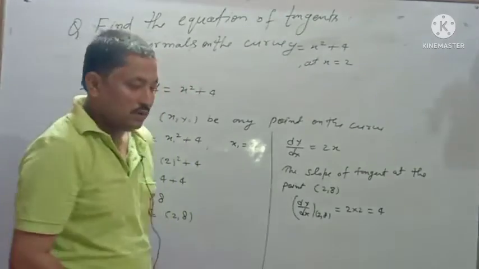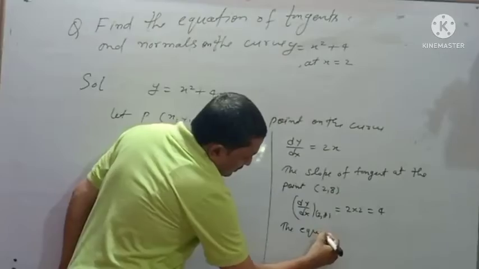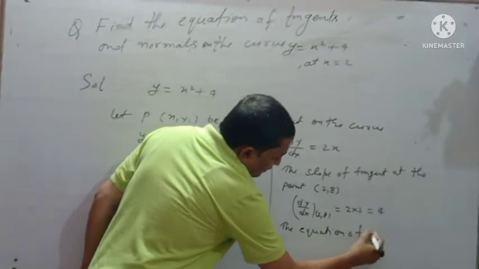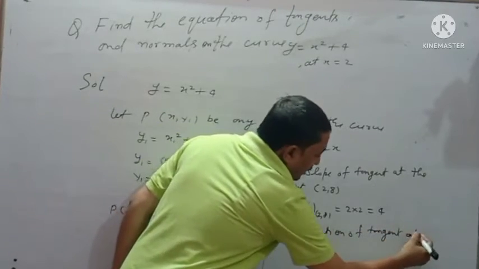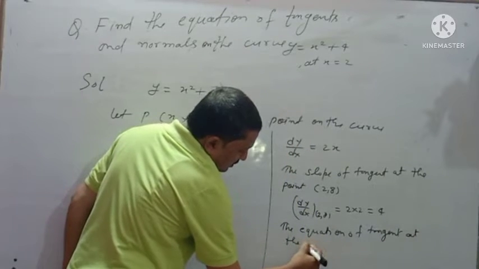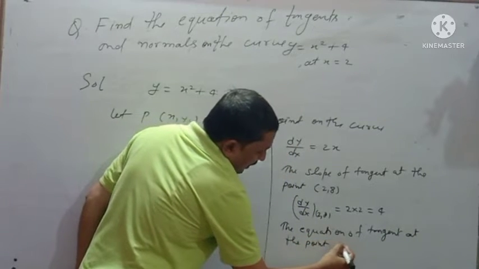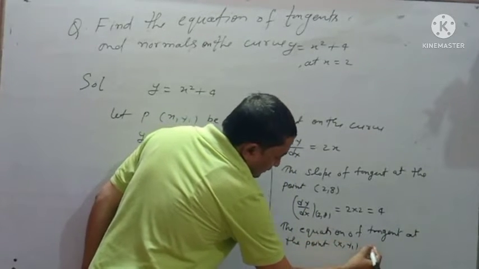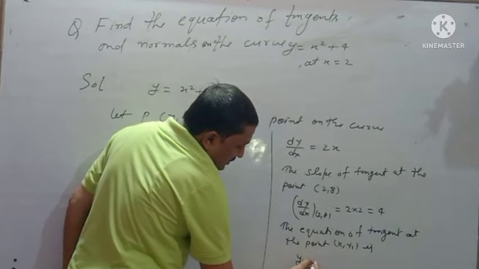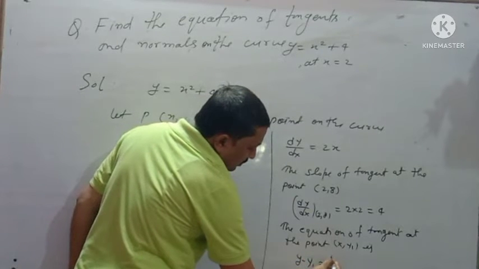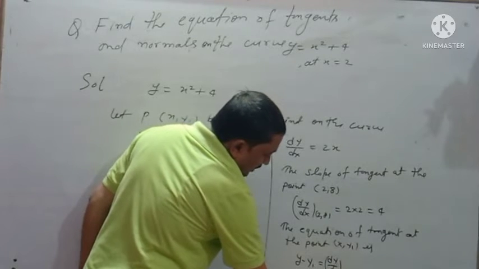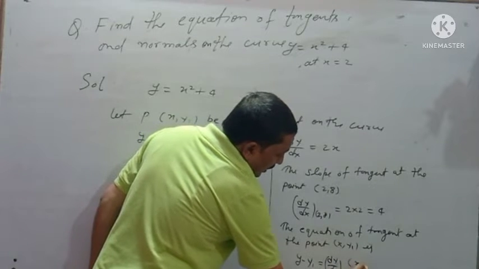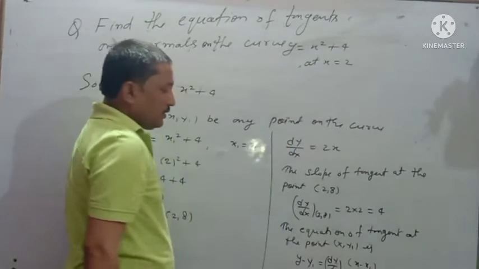We know that the formula of the tangent at the point (x1, y1) is y minus y1 is equal to dy by dx at the point (x1, y1) times x minus x1.